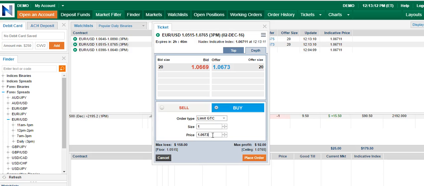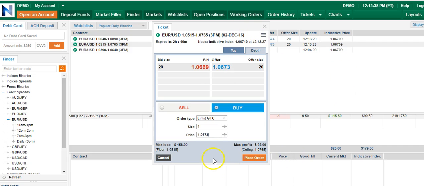So we're going to change it to 73. But you can see that this is the floor. The floor is 105.15 and the ceiling is 107.65. So they call that the floor and the ceiling. So the contract on the Euro US dollar for this one is between 105.15 and 107.65.